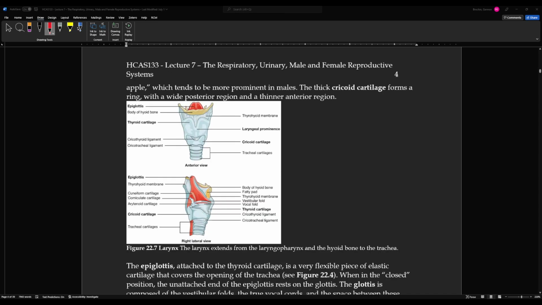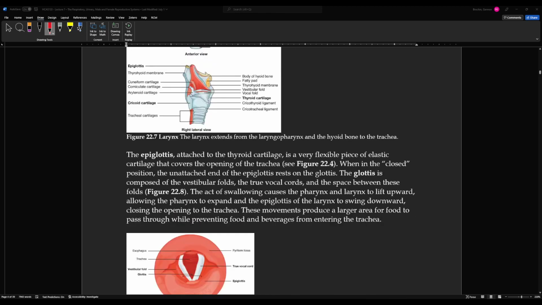The isthmus of the thyroid will actually cross somewhere below the laryngeal prominence and between it and the cricoid cartilage. And that again is important in physical examination of the thyroid, but that is beyond what we're talking about here.